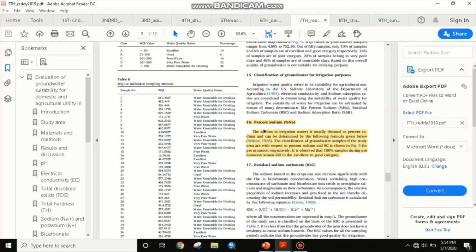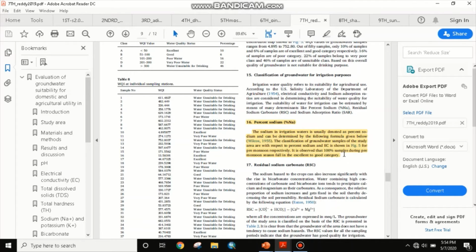Here you can see the sodium in irrigation water is usually denoted as percent sodium and can be determined by the following formula given below, that is used in the Wilcox diagram. The classification of groundwater samples of the study areas with respect to percent sodium and electrical conductivity is shown in figure 5 for the pre-monsoon, respectively.